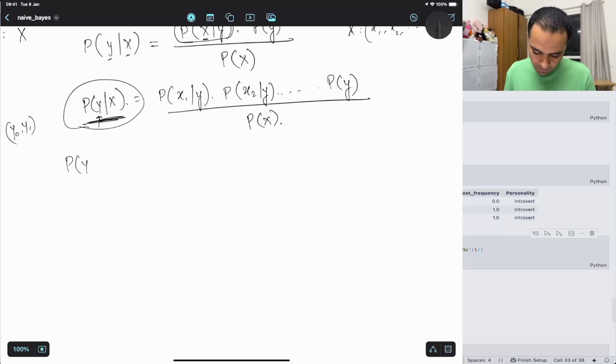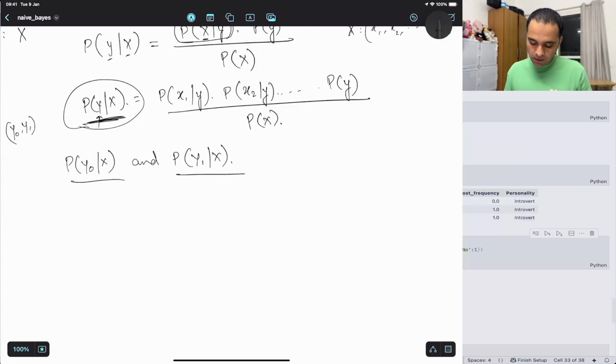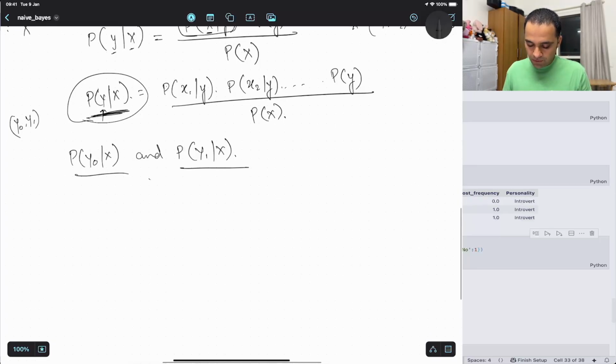So we'll calculate P of Y0 given X and P of Y1 given X. And out of this, whichever probability, Y1 or Y0, is greater, we'll choose that class as the prediction for that particular sample.